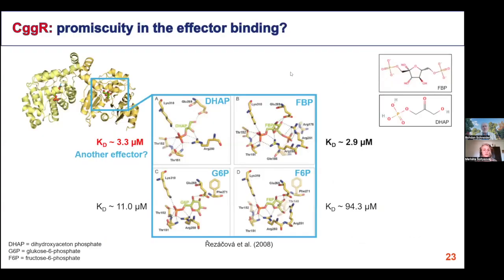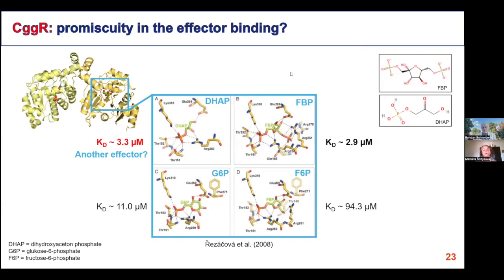Another question which remained unanswered for a very long time was the promiscuity in the effector binding. The previous study presented several crystal structures of liganded effector binding domains in whose ligand binding sites were found several glycolytic intermediates.